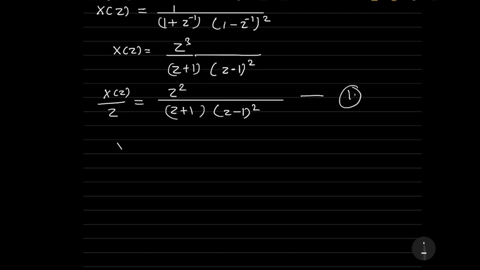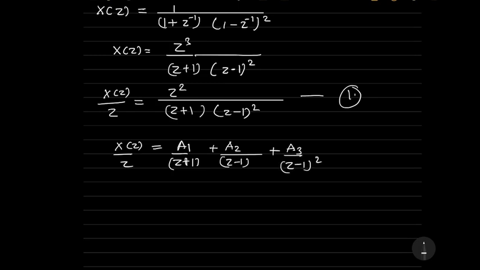We can write this as x of z upon z equals a1 upon (z plus 1) plus a2 upon (z minus 1) plus a3 upon (z minus 1) whole square.